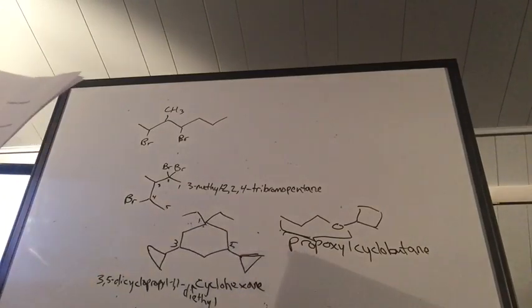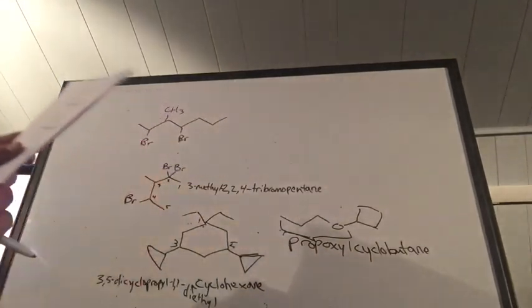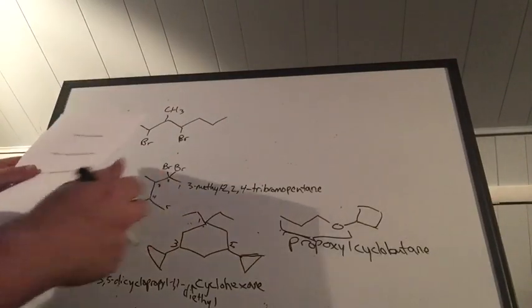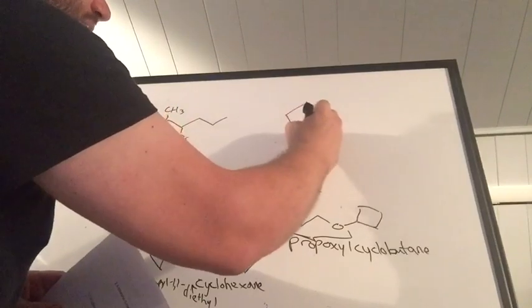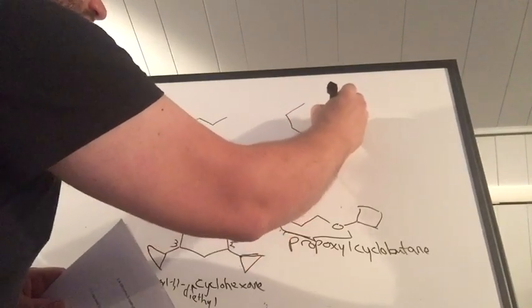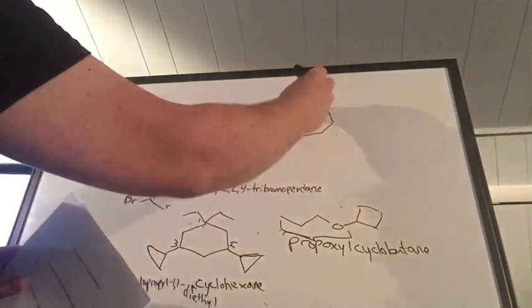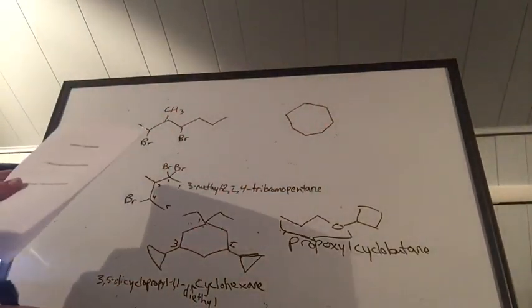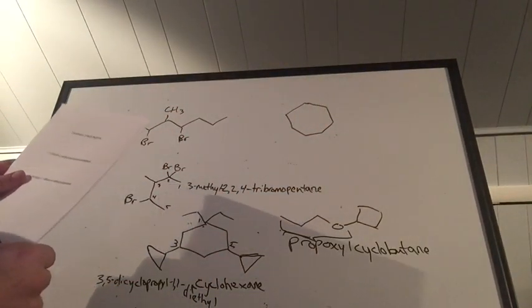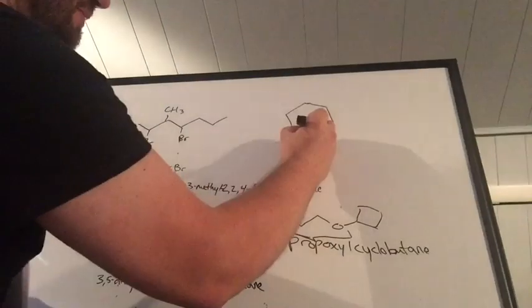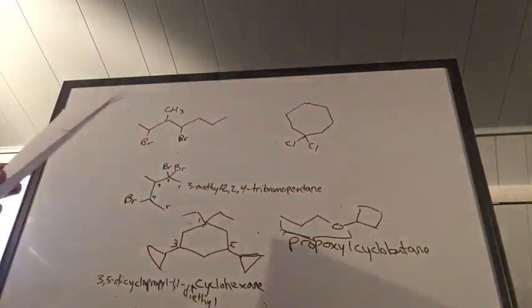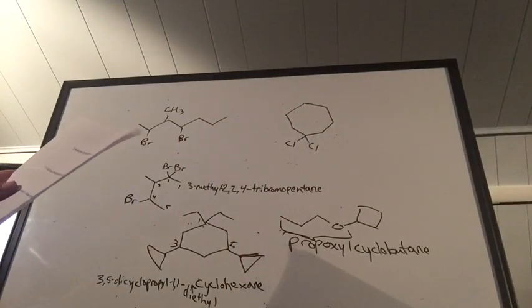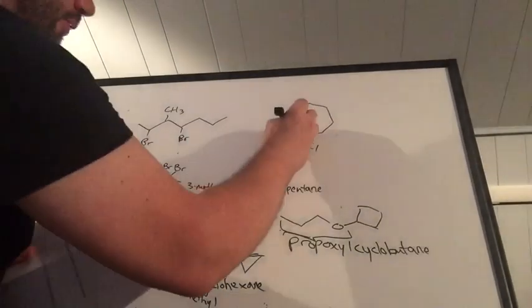The second one is going to have cycloheptane is the root, so I'm going to draw this extra ugly looking diamond thing. Okay, so if we have 1,1-dichloro, that means that both are going to be branching off the same carbon. Filling up that octet there. 2-methyl.